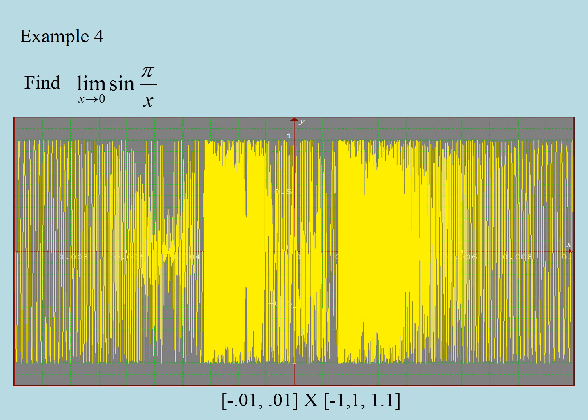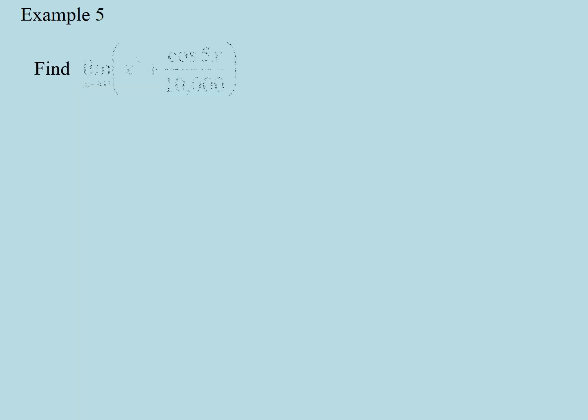So we would indicate that this limit does not exist. The y values are not approaching the same number from both sides.